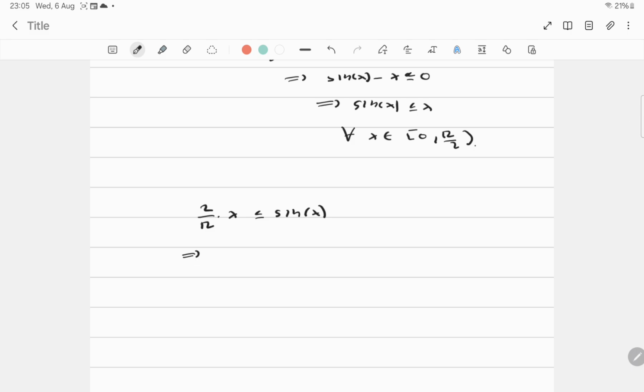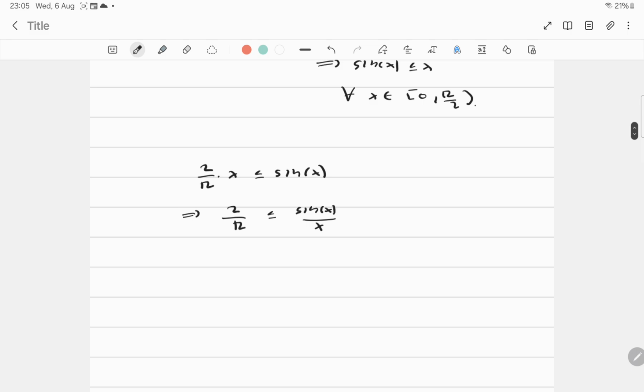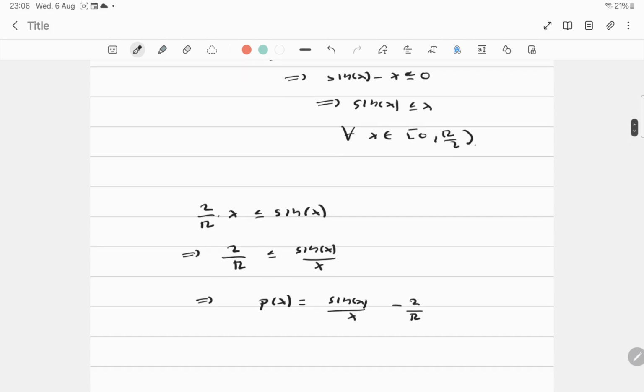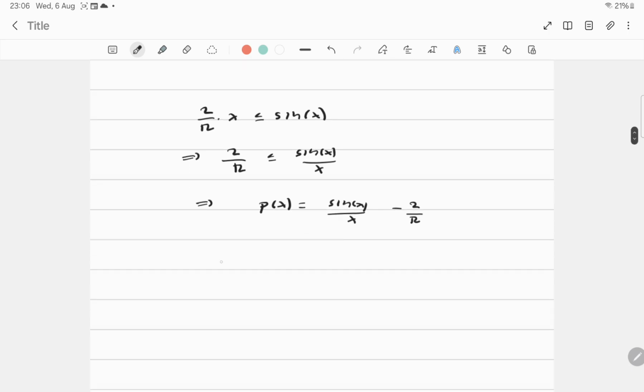I can polish the inequality, so I have 2 over pi less than or equal to sine of x over x. Then I can define the function p of x equals sine x over x minus 2 over pi. This is the trickiest part here. I have to calculate the derivative of this function using the quotient rule.